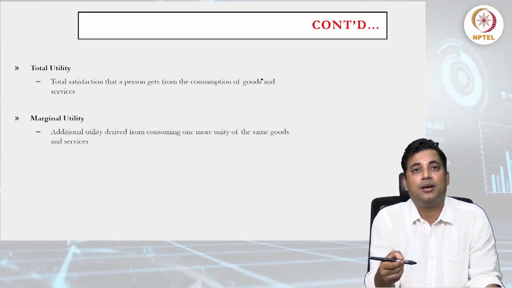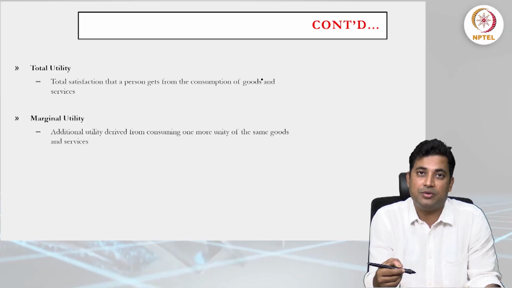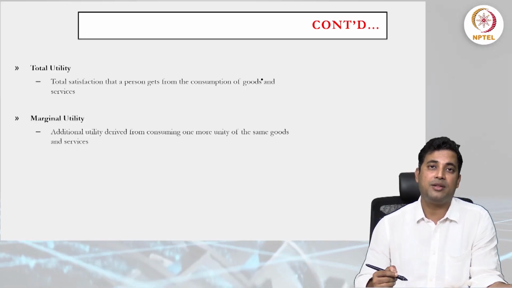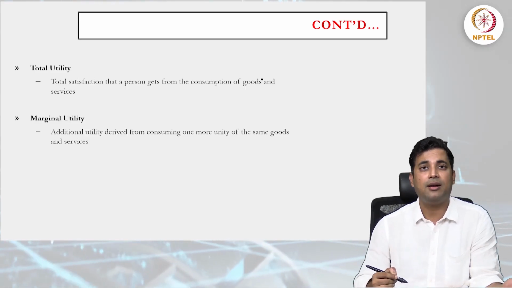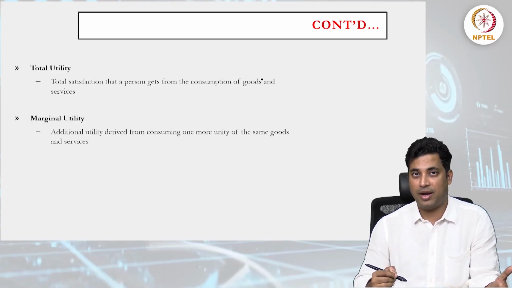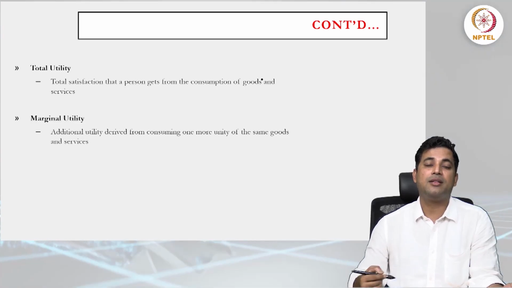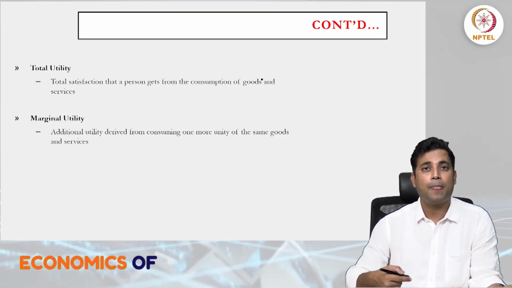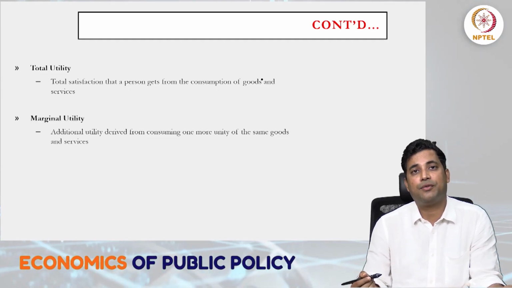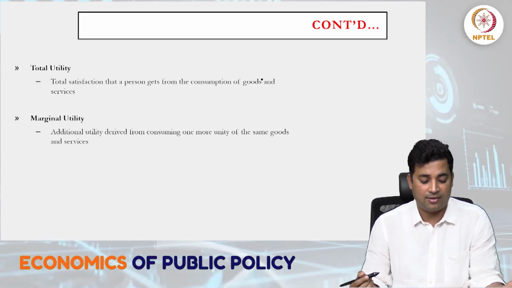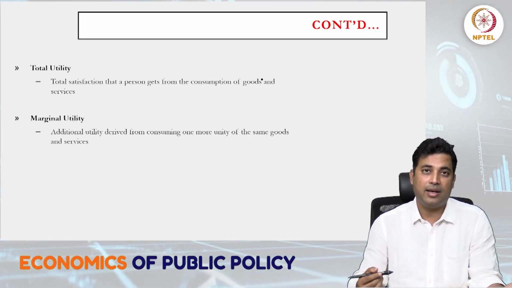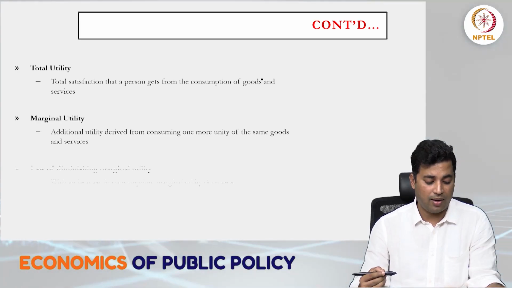Marginal utility is the change in the total utility due to one unit change in x, and then we get the marginal utility for x. In the case of y, it is the change in the total utility due to one additional unit change in y, and then we get the marginal utility of y.